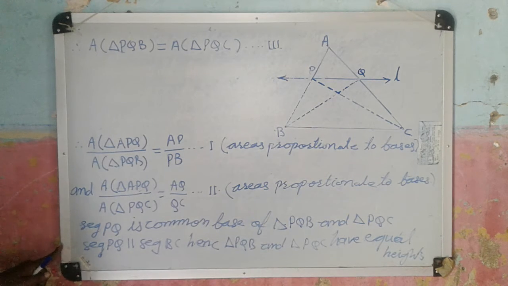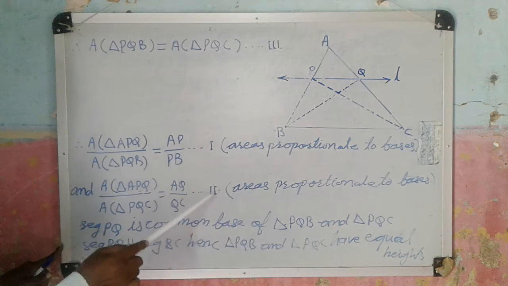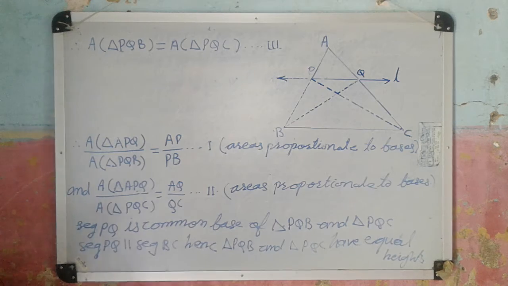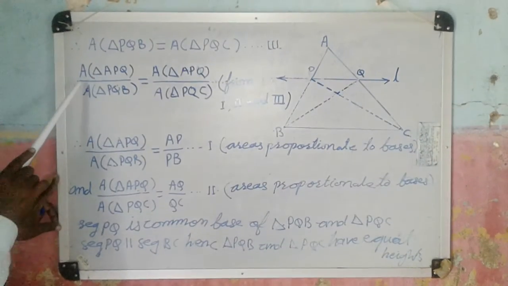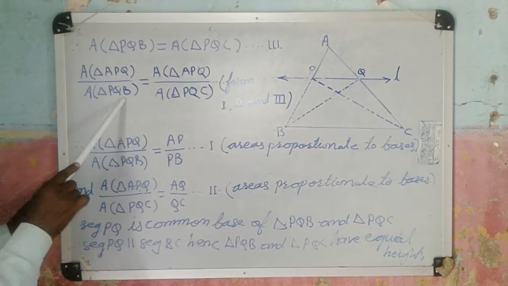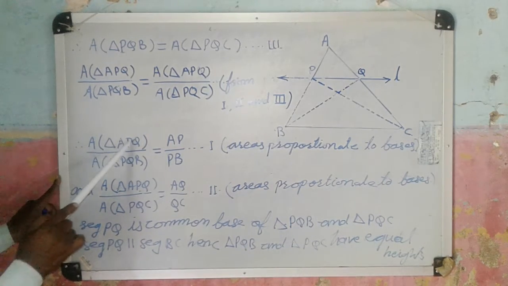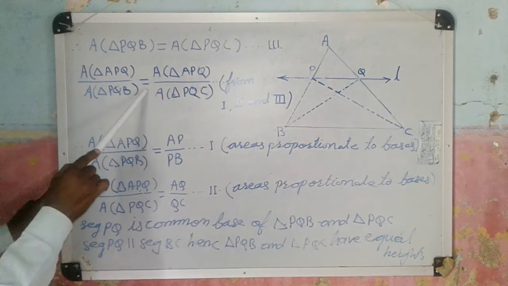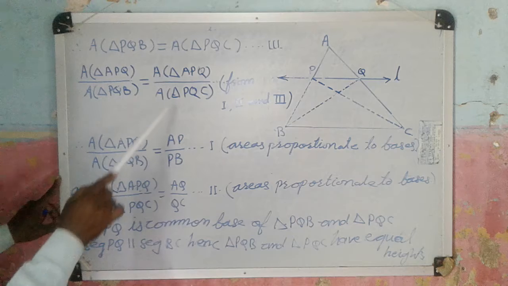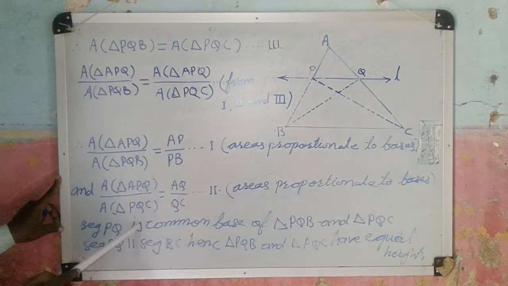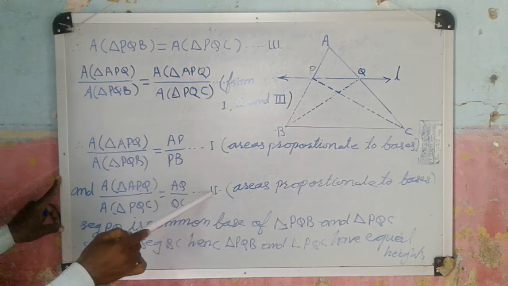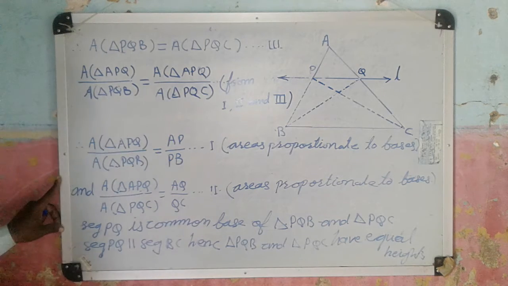Therefore, from statements 1, 2 and 3 we can write, area of triangle APQ upon area of triangle PQB is equal to area of triangle APQ upon area of triangle PQC.